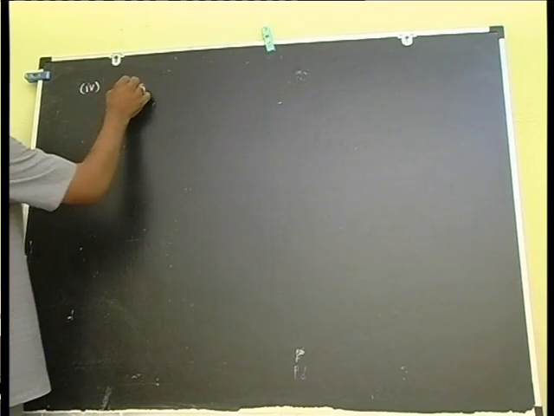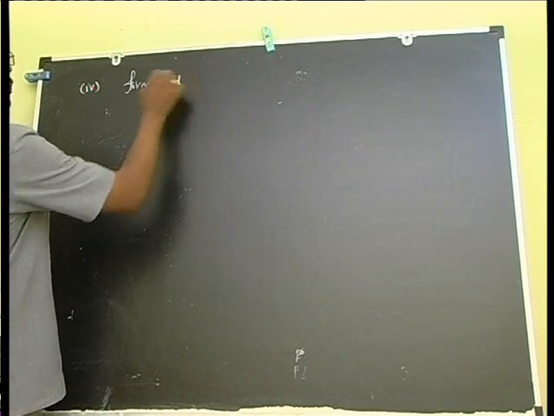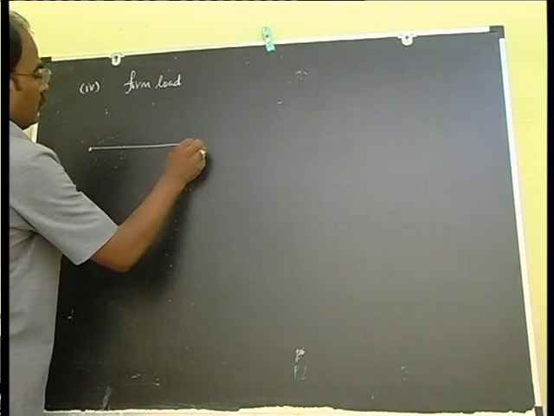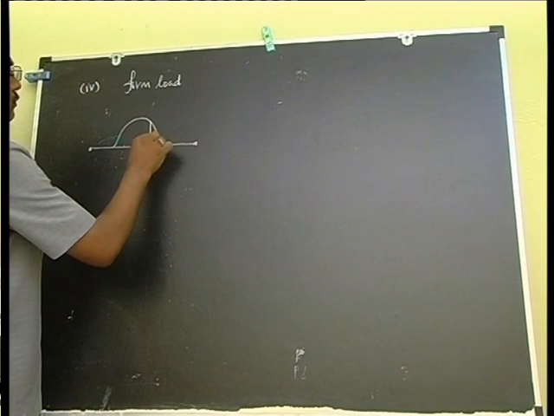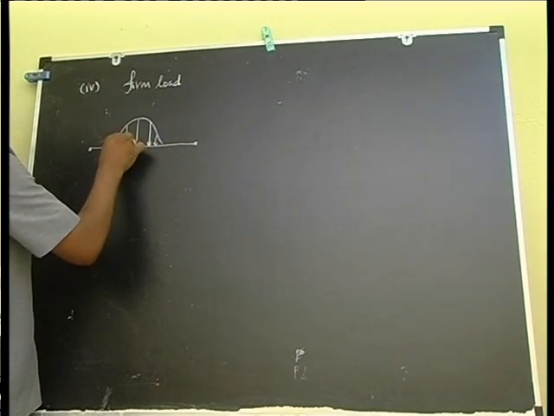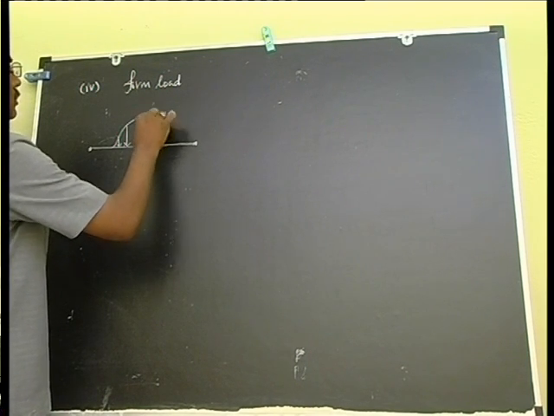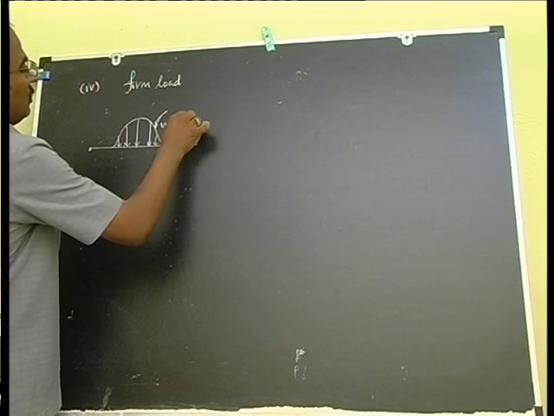The next type is form load, where loading is done based on a specific form like this. So this is W per unit length.